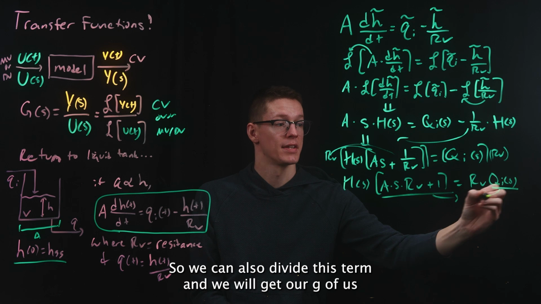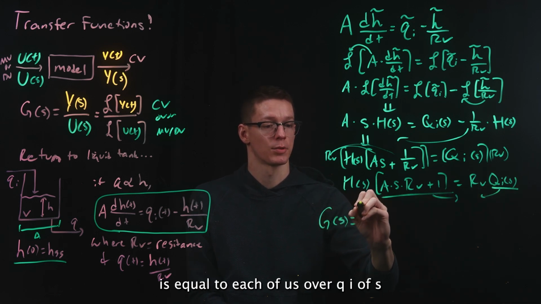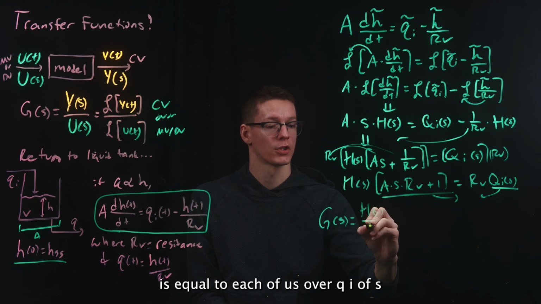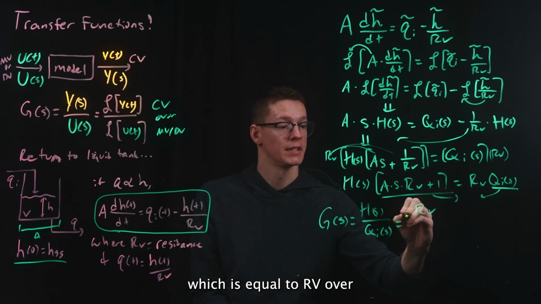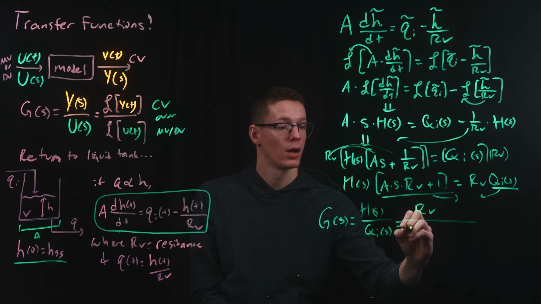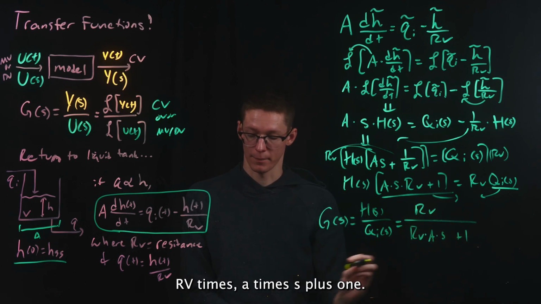We can also divide this term, and we will get our G of S is equal to H of S over QI of S, which is equal to RV over RV times A times S plus 1.